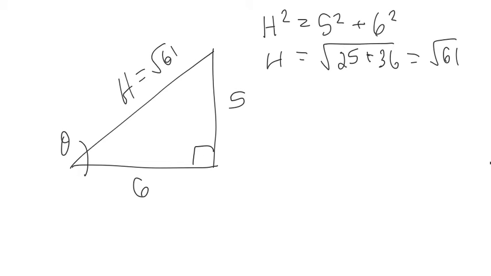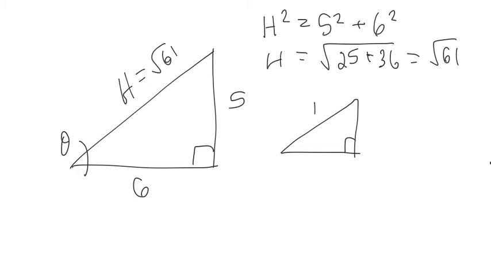So now I have a hypotenuse of square root of 61, and you can then use that to build your reference triangle. You know that this side has to be 1, and again, the scale factor here is always set up by your hypotenuse. This is why I figured out my hypotenuse.